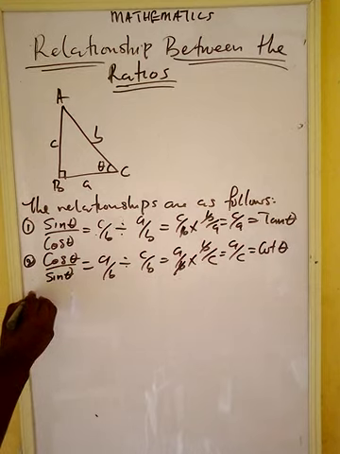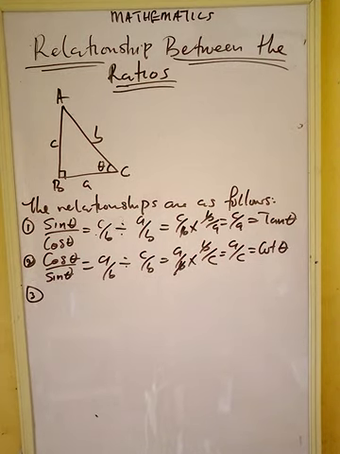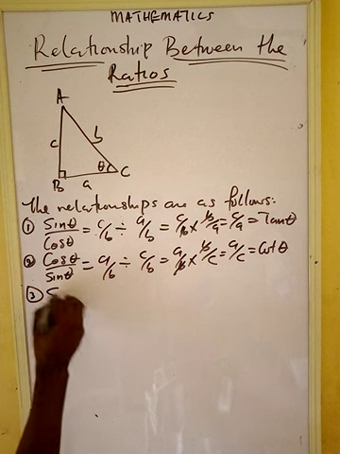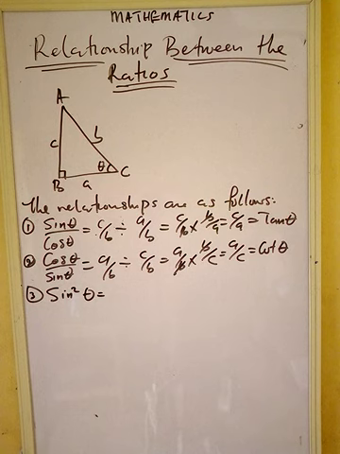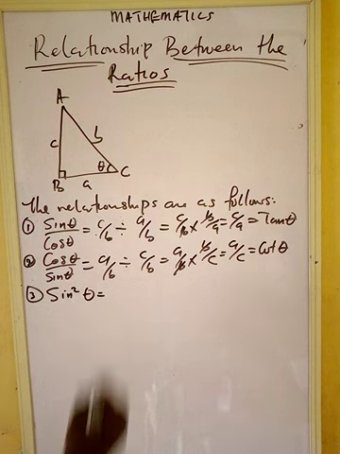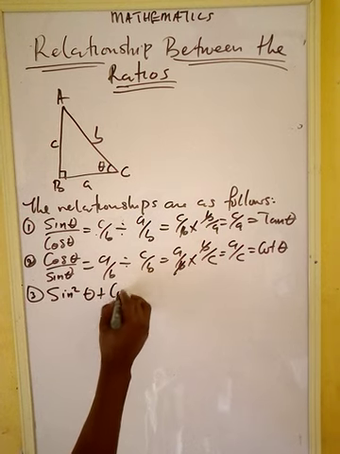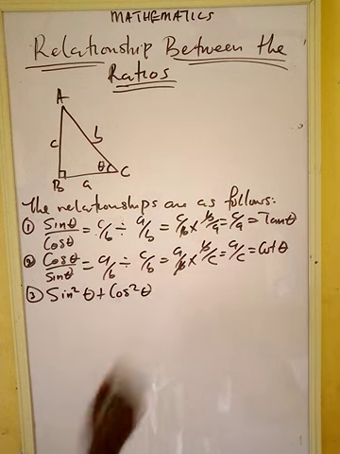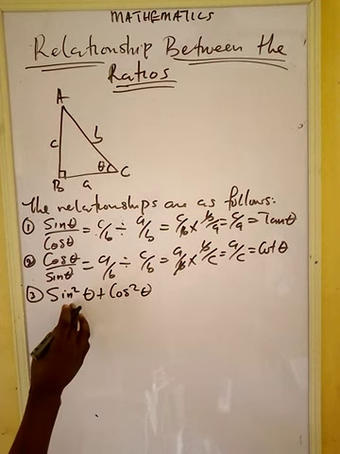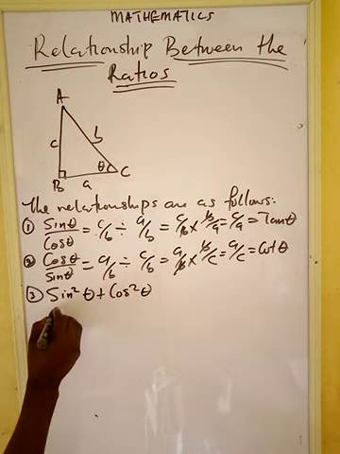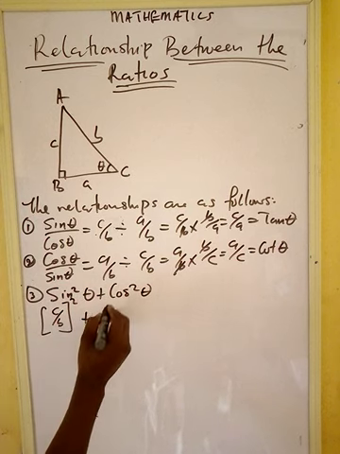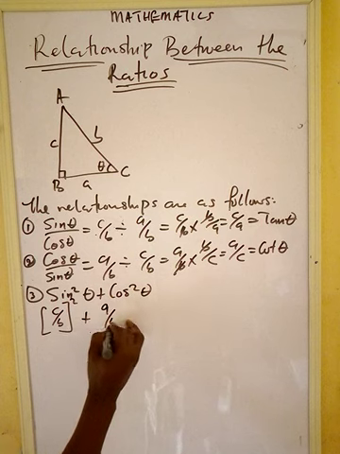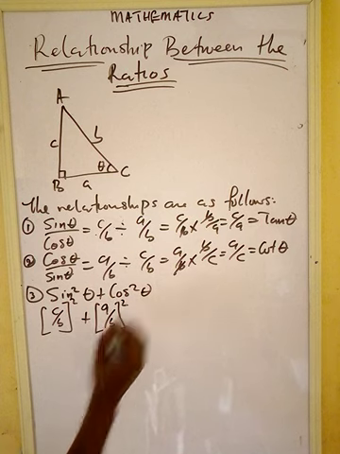Then the third one is sin theta squared plus cos theta squared. So what is our sin theta? Our sin theta is c over b, squared, plus cos theta, which is a over b, all squared.